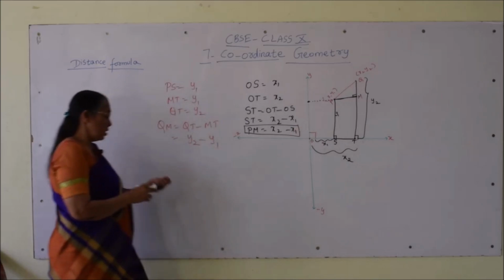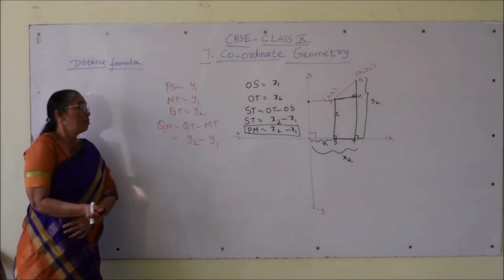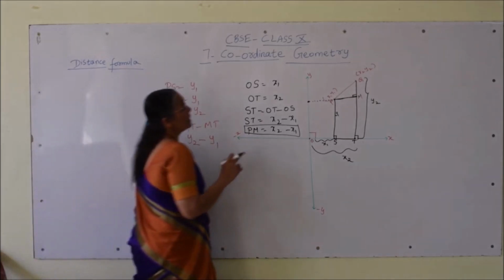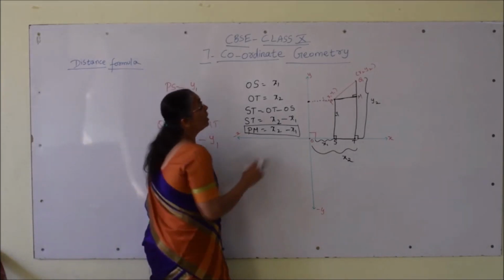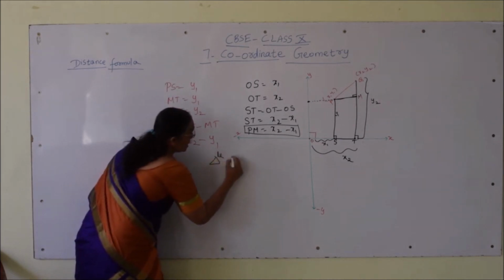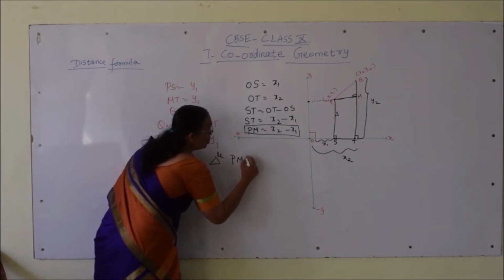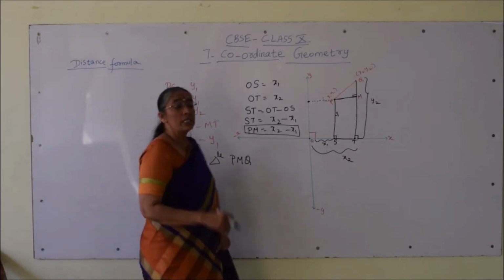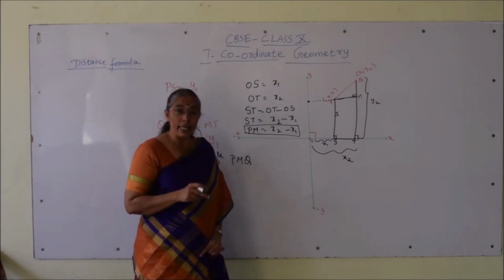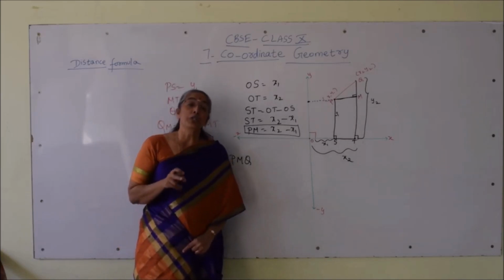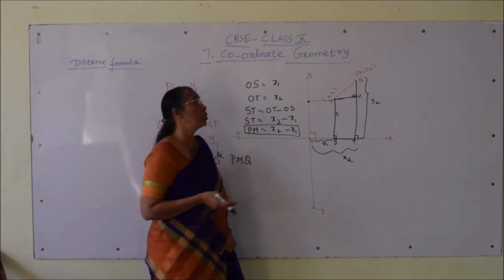Now let us see why we found PM and QM. I will consider the right angle triangle PMQ and use the Pythagoras theorem. Pythagoras theorem says that in a right angle triangle, the square of the hypotenuse is equal to the sum of the squares of the other two sides.